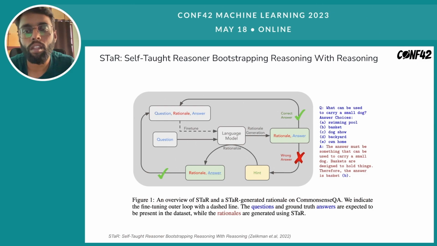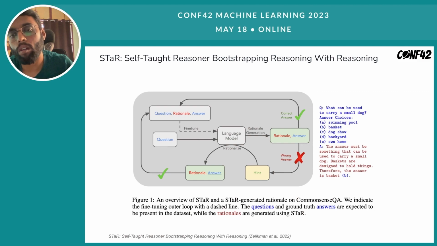In this methodology, the authors generate rationales and answers from an existing large language model, and whenever the answer is correct when they compare it with the gold ground truth data set that they have, they put that into a fine tuning corpus as a triplet of question, rationale and answer. Whenever the answer is wrong, they hint the model to generate a correct rationale by giving the correct answer from their ground truth.